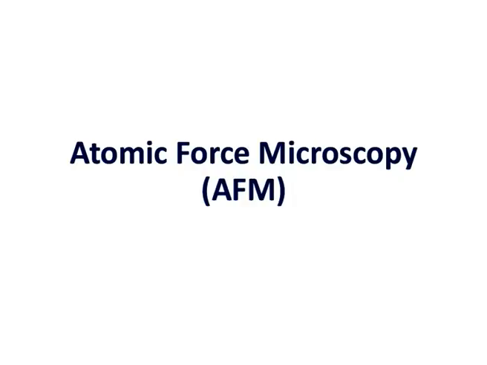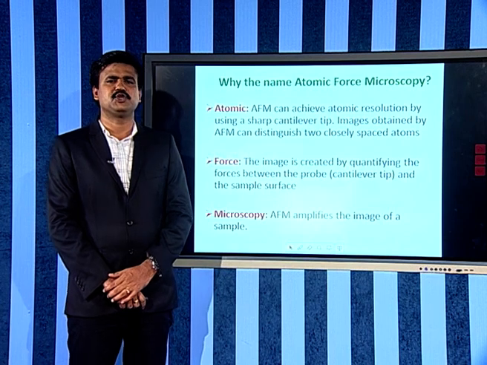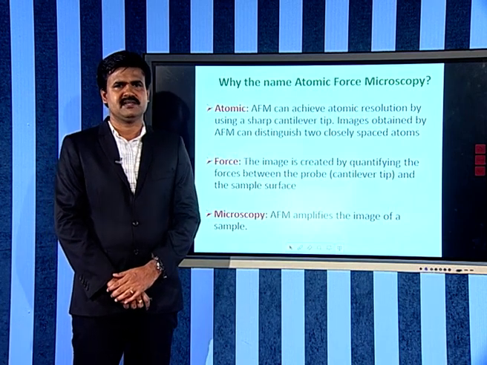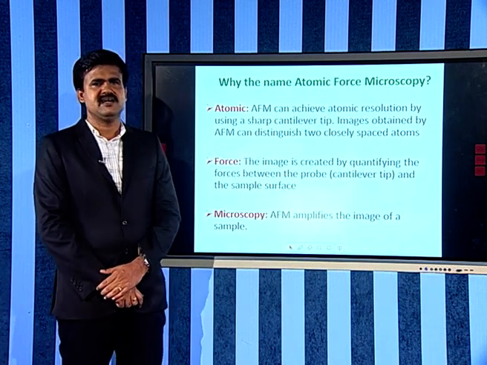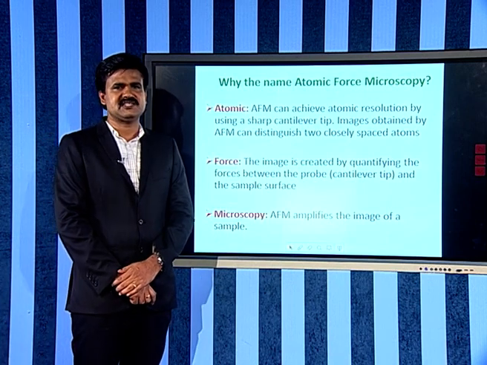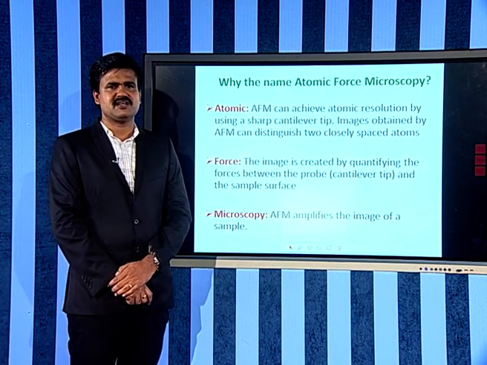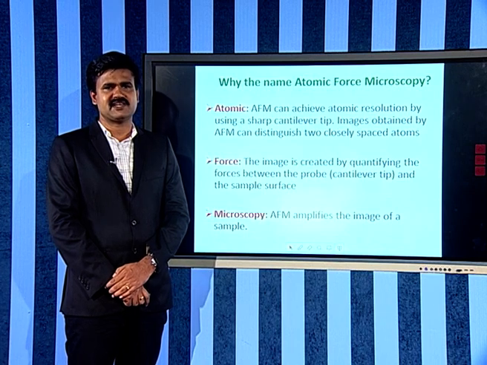The third characterization method that we discussed in this module is atomic force microscopy, acronym AFM. Why the name atomic force microscopy? The first term, atomic. AFM can achieve atomic level resolution by using a sharp cantilever tip.